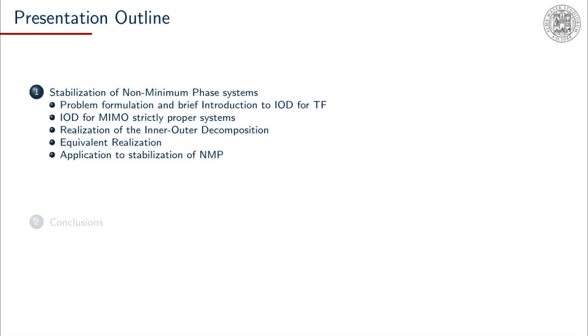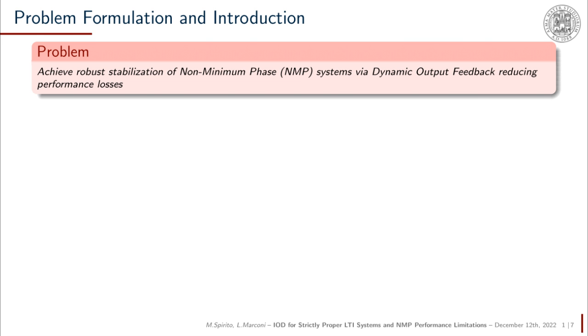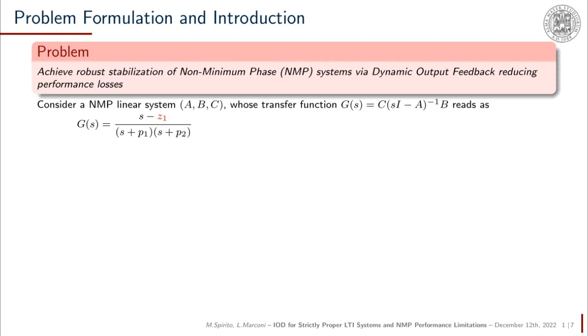So, about the stabilization of non-minimum phase systems, the problem we want to solve is about achieving robust stabilization of non-minimum phase systems via dynamic output feedback by reducing some performance loss. In particular, we consider a linear system whose transfer function is given here, with an unstable zero, Z1, and let's say two stable poles, P1 and P2.